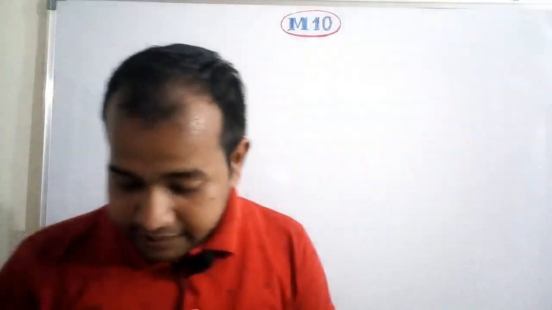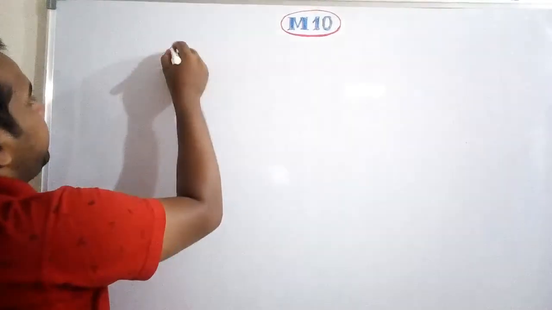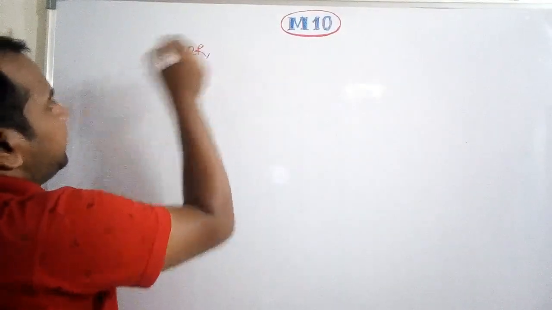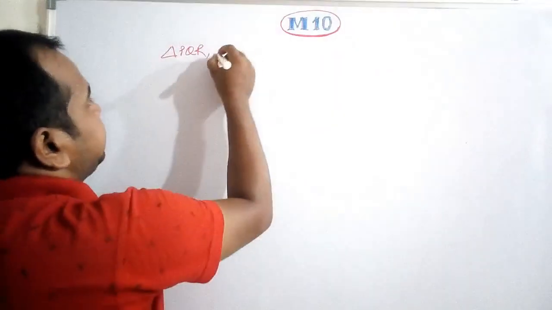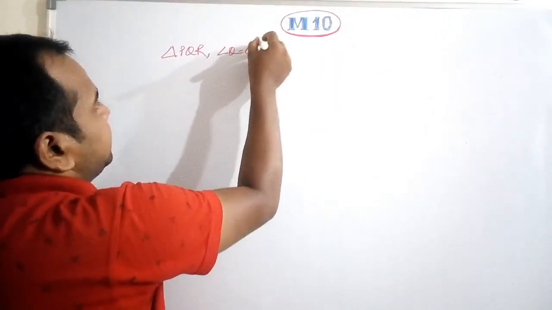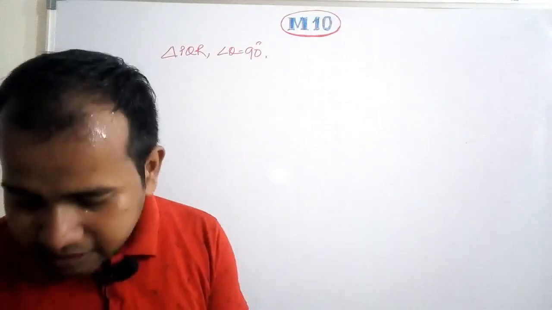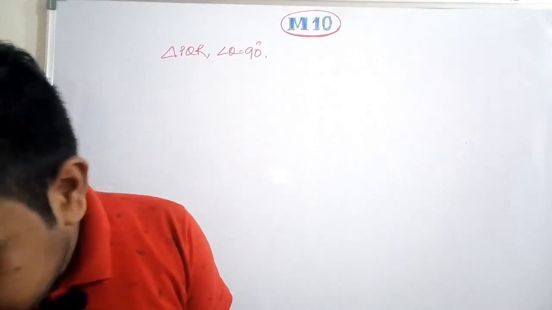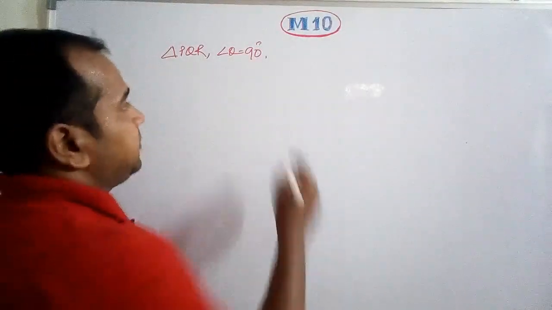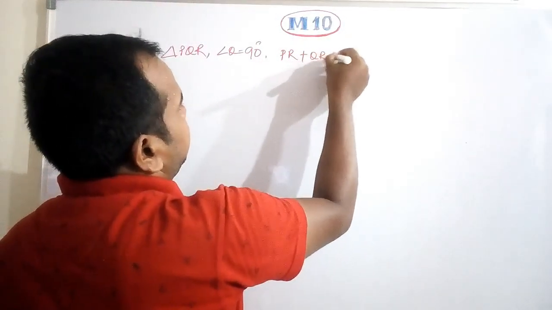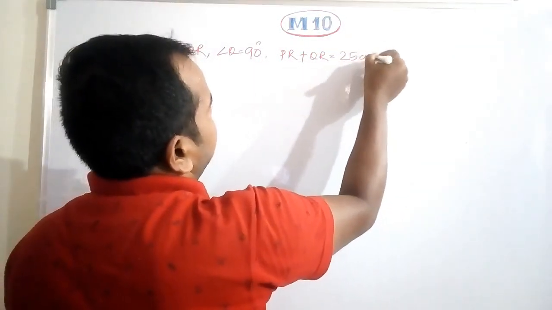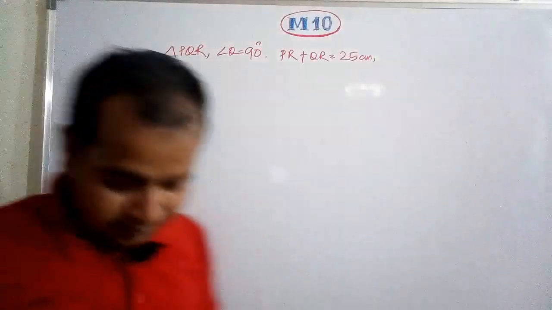Now the question is, in triangle PQR, angle Q is 90 degree and PR plus QR equals 25 centimeter.